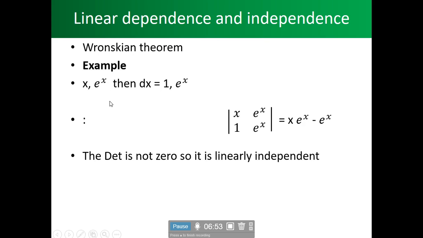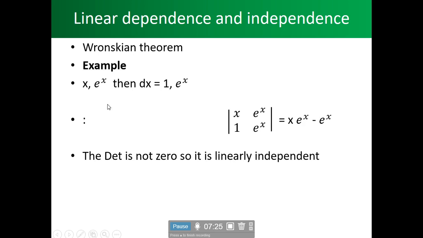The functions go in the first row and the derivatives go in the second row. Then we take the determinant: x times e to the x, minus 1 times e to the x, gives x e to the x minus e to the x. Now this is not 0, so this means that this is linearly independent.